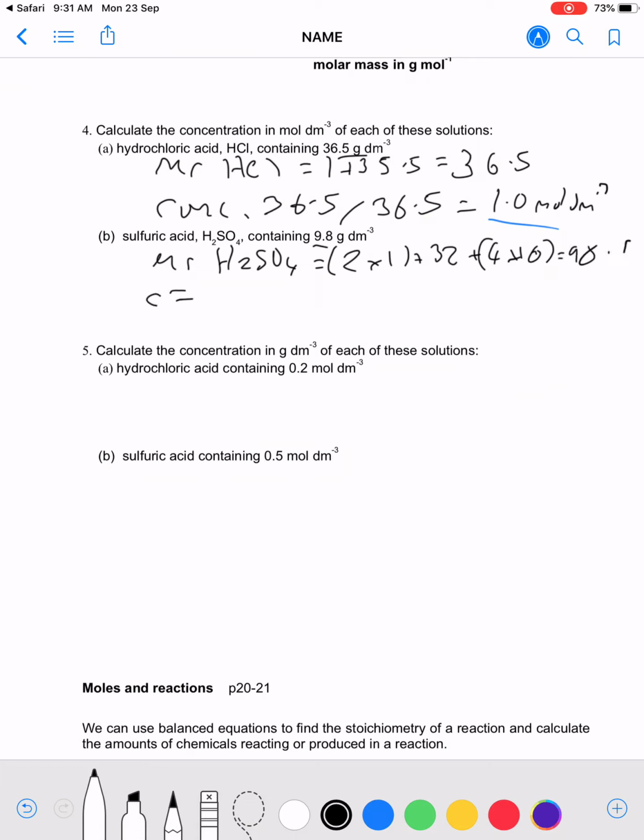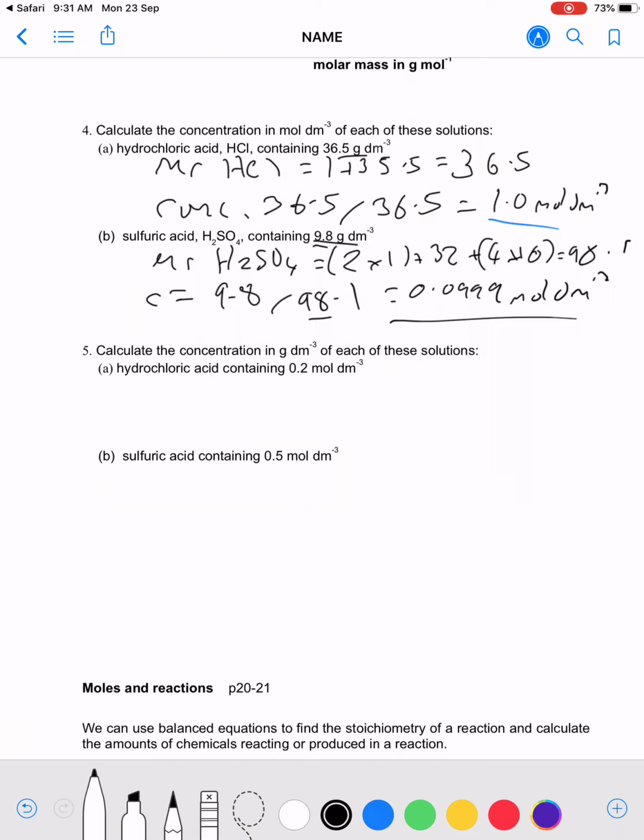So concentration will equal 9.8 over 98.1. So it's grams per decimeter cubed divided by the molecular mass. If we put that into our calculator, it's going to be 0.1, near enough, but let's be correct: 0.0999 moles per decimeter cubed.